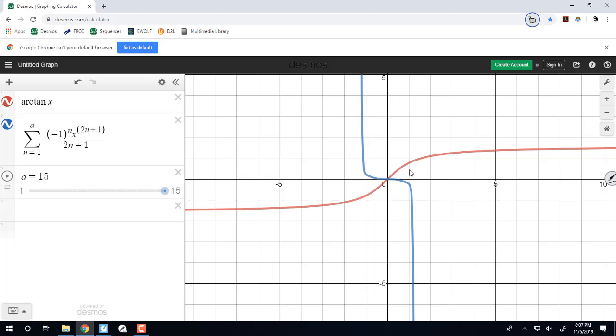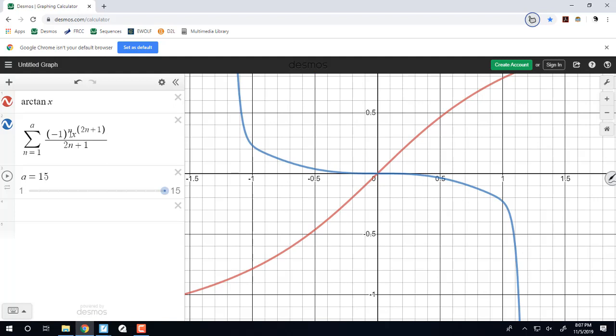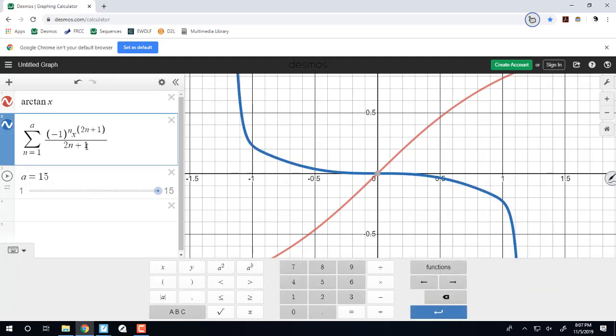Well, it doesn't look like a very good approximation to the arctangent function. But let me see if this might be a bit funky here.